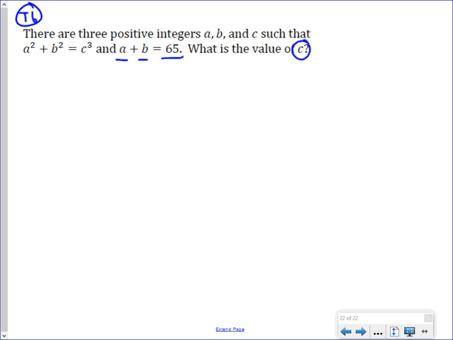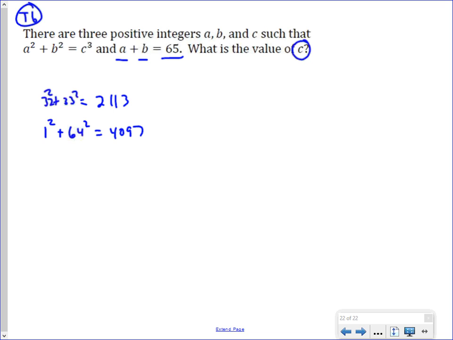And then the second thing you know is that if you try things like 32 squared plus 33 squared, you get 2,113. Or if you looked at it instead from the opposite extreme, 1 squared plus 64 squared, you get 4,097.